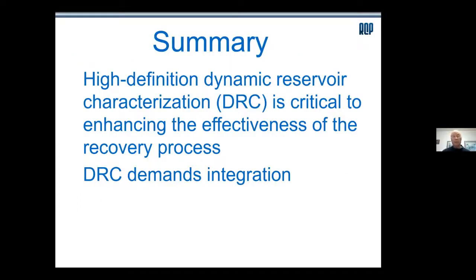So in summary, I call this high definition reservoir characterization or dynamic reservoir characterization. So in this case, we're looking at dynamic changes in the reservoir, sometimes over very short spatial time intervals. And to record and observe these, we need permanent reservoir monitoring to do so.